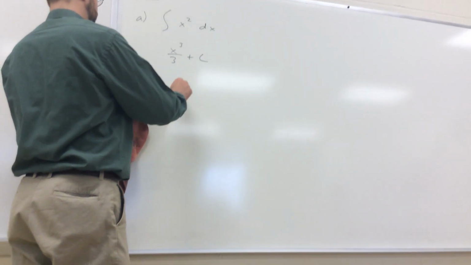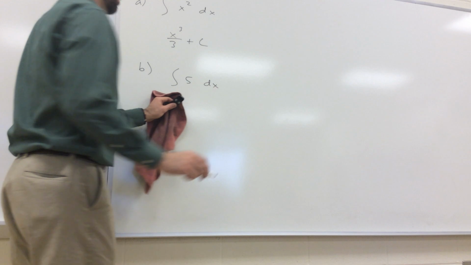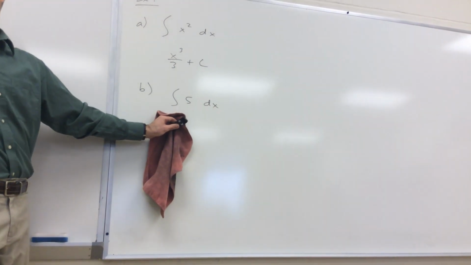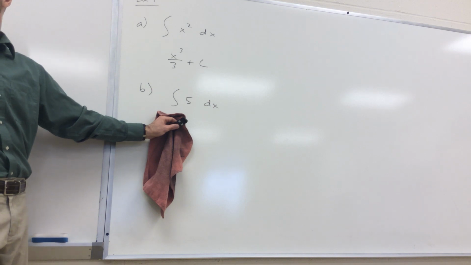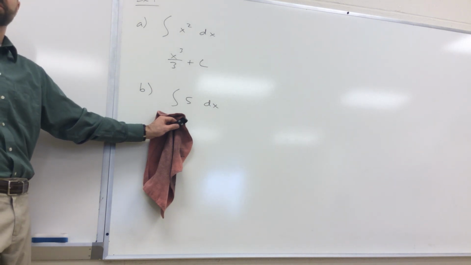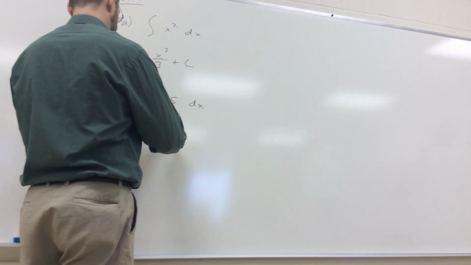Okay, how about this? Yeah, that's easy. Antiderivative of 5 is just 5x. And then plus c. Good.